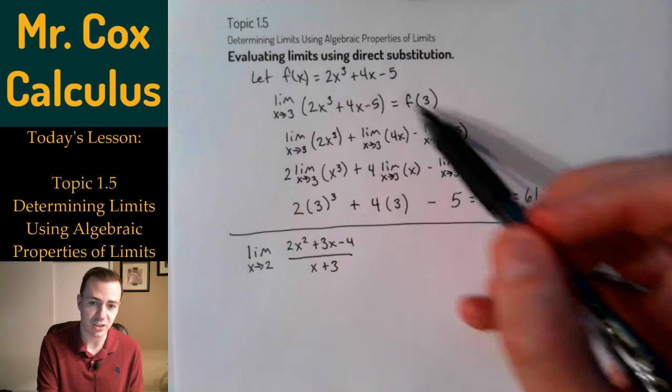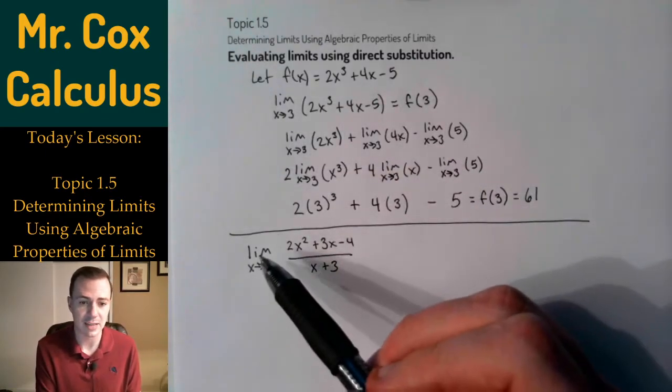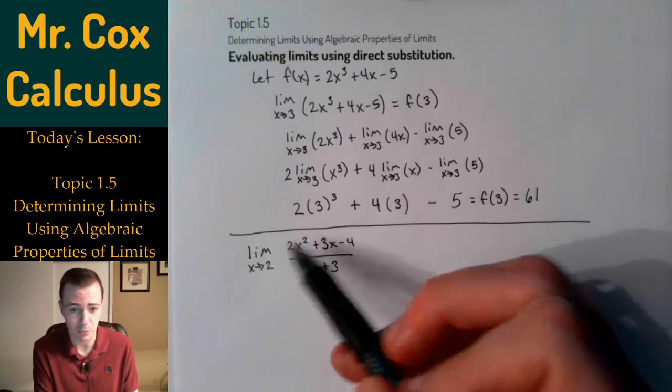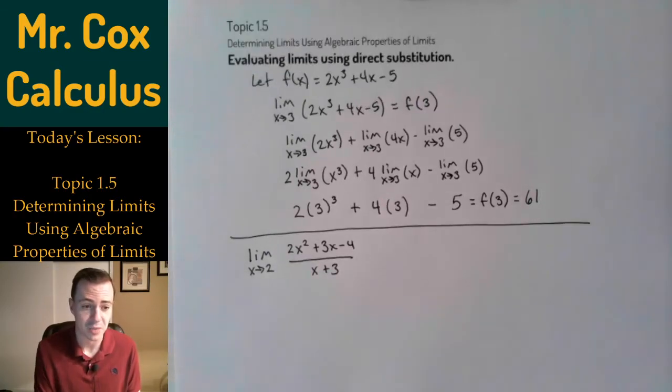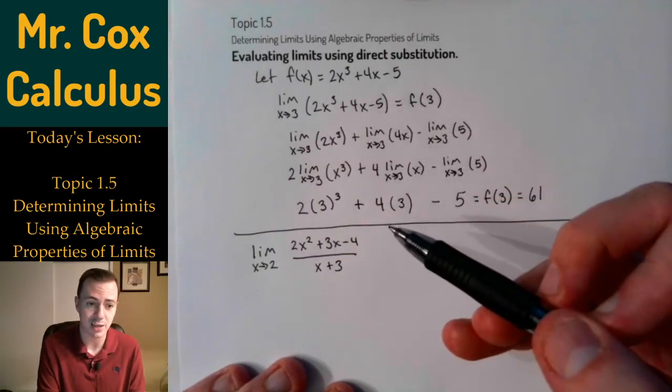And I could actually go through this very same exercise with this function. I could say the limit as x approaches 2 of this quotient is the limit as x approaches 2 of the numerator divided by the limit as x approaches 2 of the denominator. Then I could split those up into their sums and differences, pull out scalar multiples, and boil it down the same way I did before.